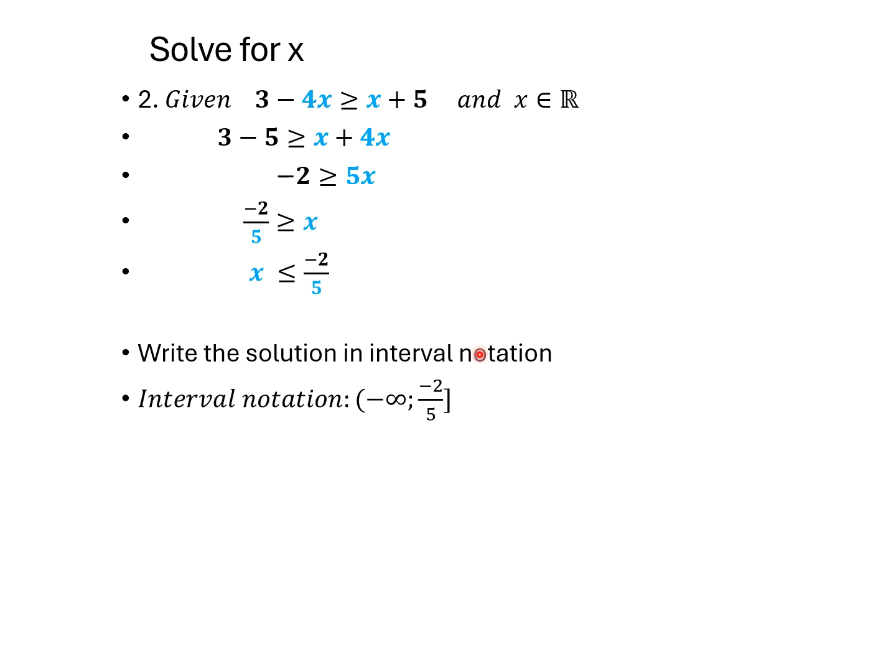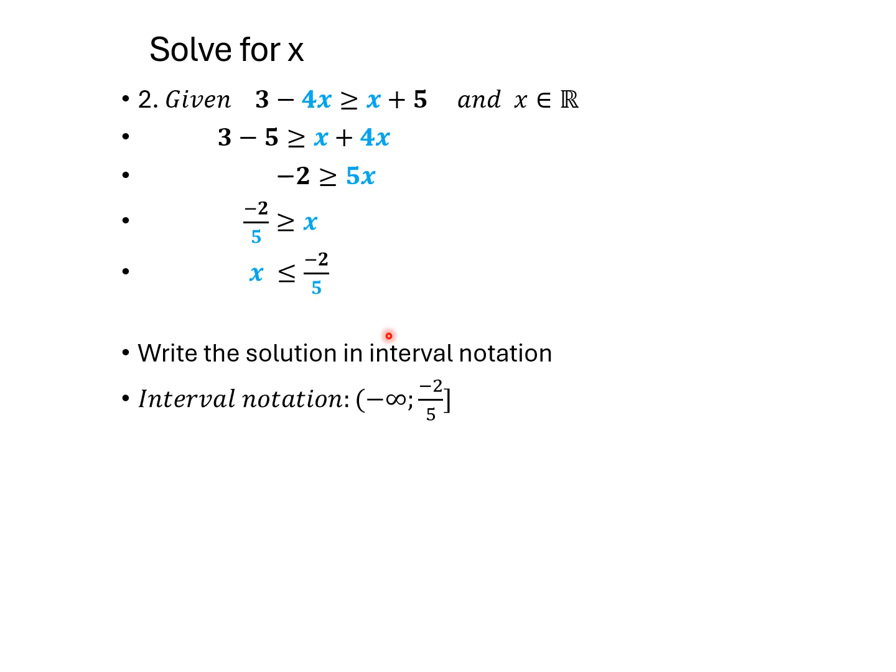Right, and then for extra mark or sometimes 2 marks in exam, we would say write the solution in interval notation or on a number line or in set builder notation. So in interval notation, less than, meaning it's less than and equal, so close parenthesis, right, square bracket.